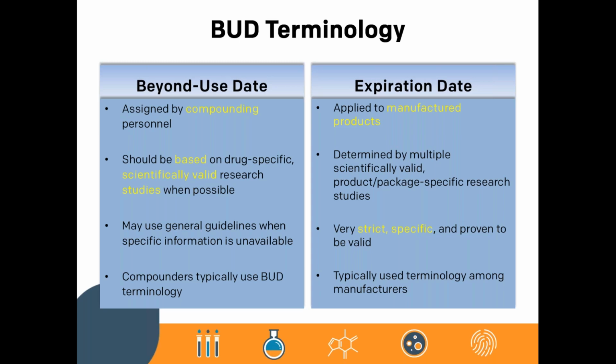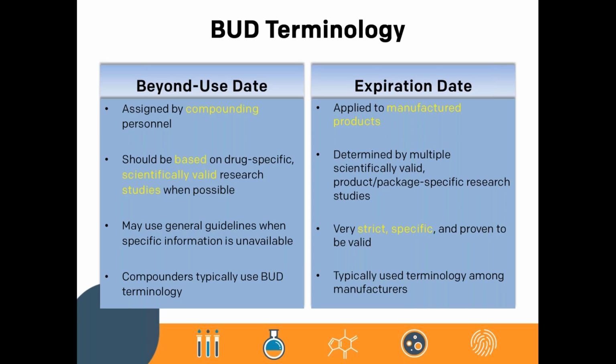Compounders, though, from a terminology perspective, will use the term beyond use date more frequently, where you might hear, well, what is the expiration date of that product or preparation? And again, that is similar in that manufacturers will often refer to it as the expiration date. The stability studies or expiration date is often determined by the innovator of the manufactured product, and it is very stringent.